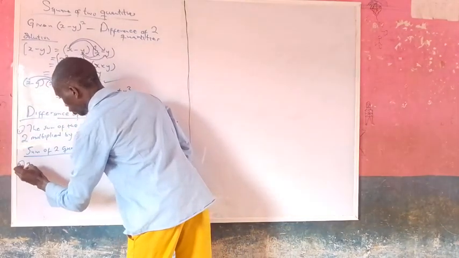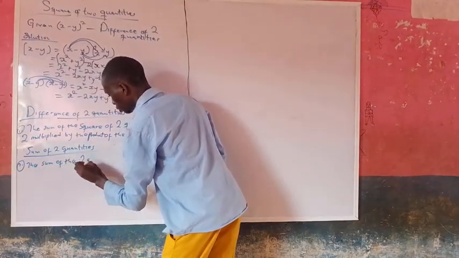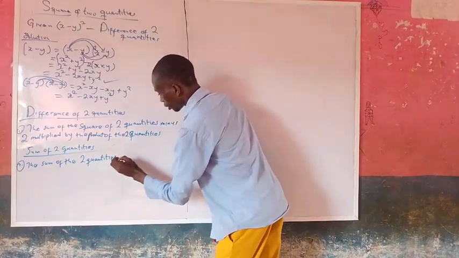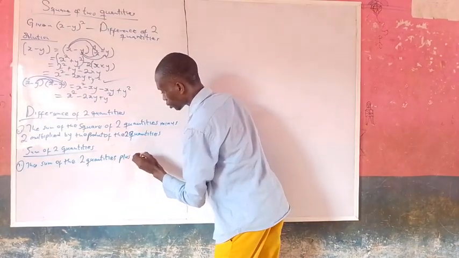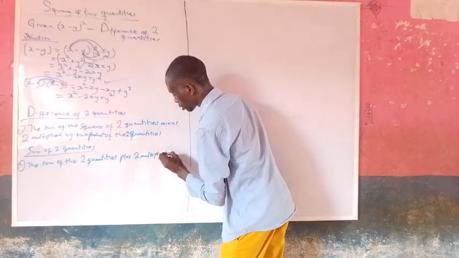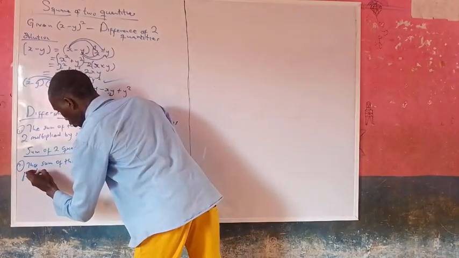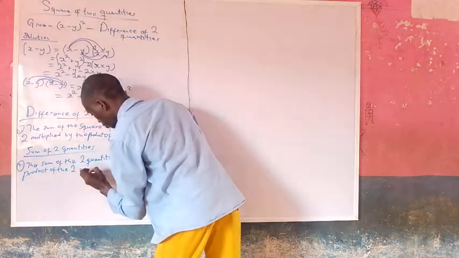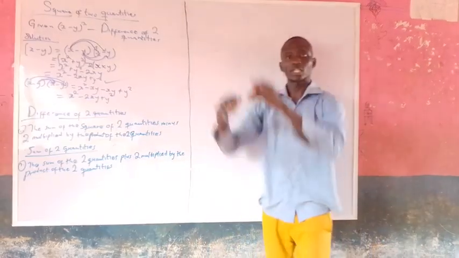You are going to say the sum of the square of the two quantities, plus 2 multiplied by the product of the two quantities. Alright, I hope you guys are following. I hope you guys are getting the trick.